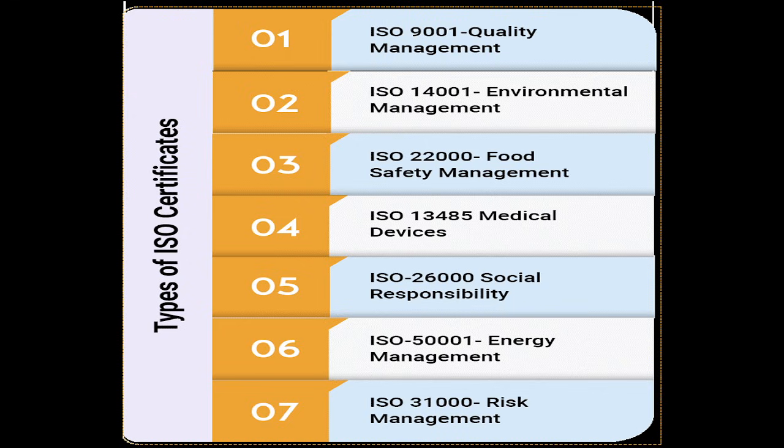Certification number four is ISO 13485, which deals with medical devices. The fifth is ISO 26000, which deals with social responsibility. The sixth is ISO 50001, which deals with energy management. And the last is ISO 31000, which deals with risk management.